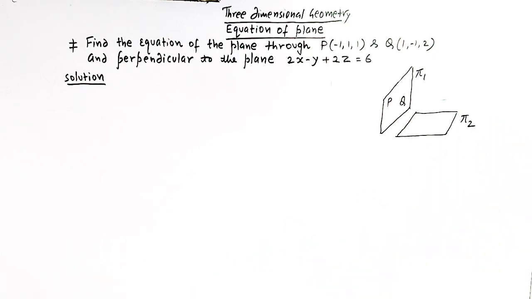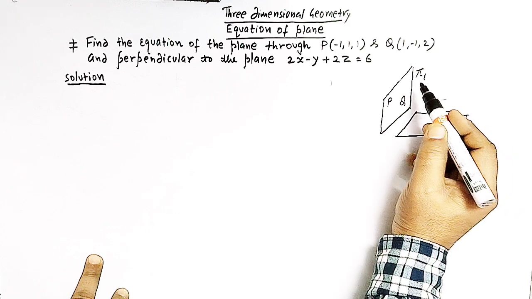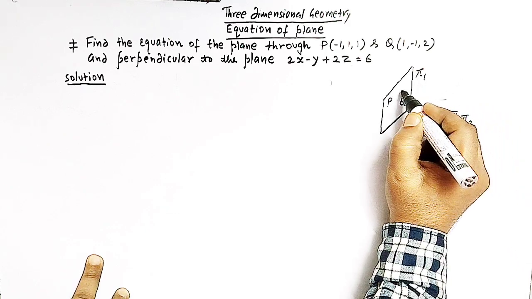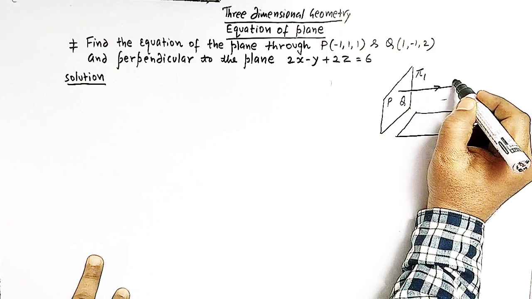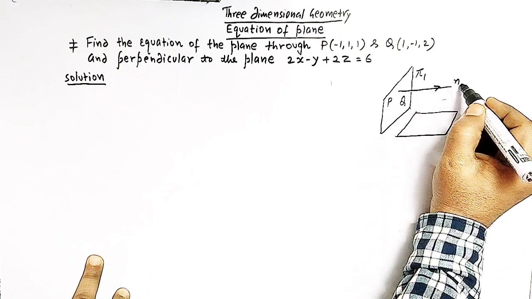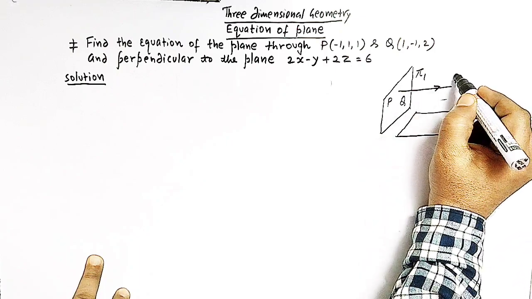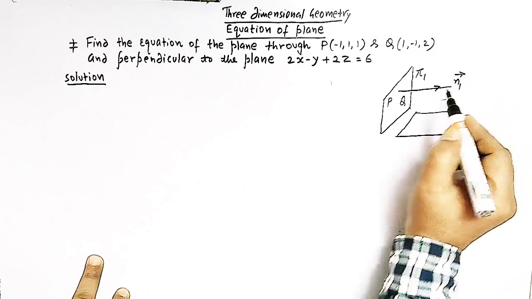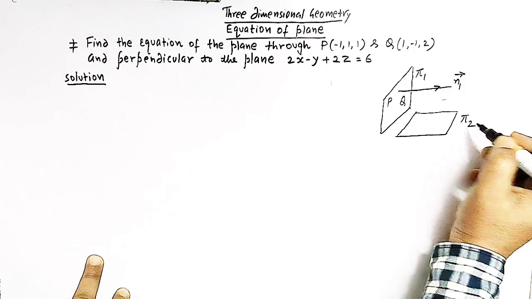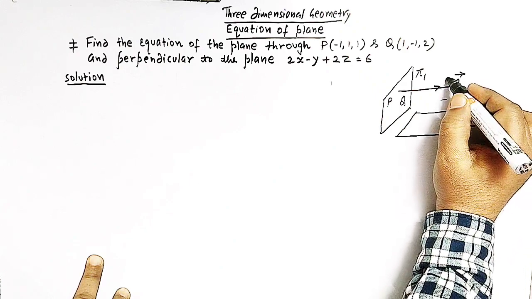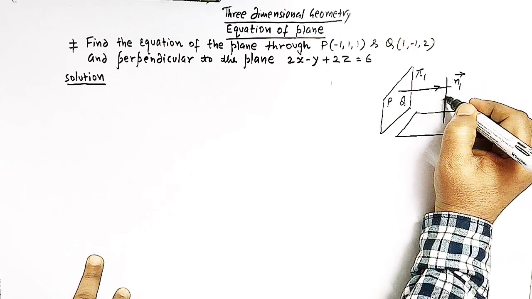Okay, so now here we'll make use of the concept of direction cosines, right? Suppose the plane pi 1 has the normal vector like this, and let us draw this normal vector as n1. So this is the normal vector n1 to this plane pi 1, and this plane pi 2 has the normal vector like this, right?